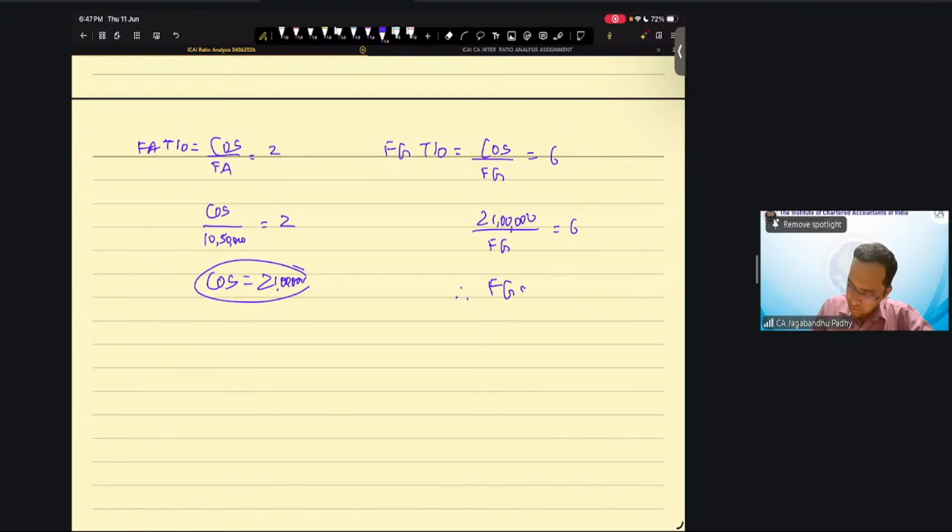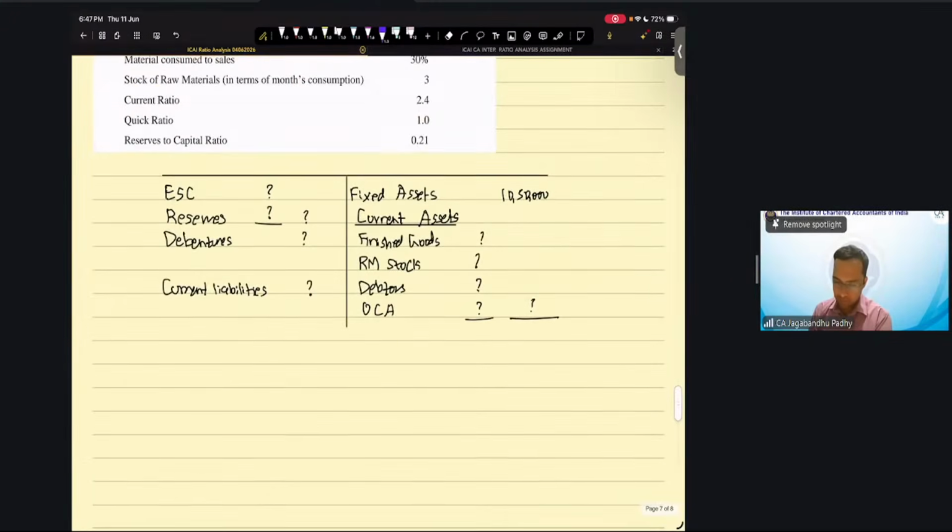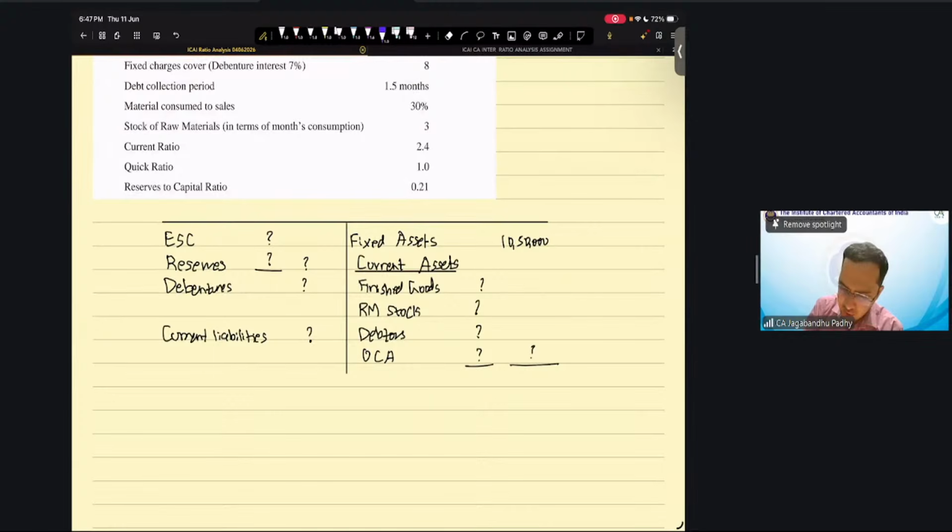So what will be the finished goods stock value, everyone? It will be 21 lakh divided by 6, which is 3 lakh 50,000. So we got one item of our current assets, which is finished goods, 3 lakh 50,000.